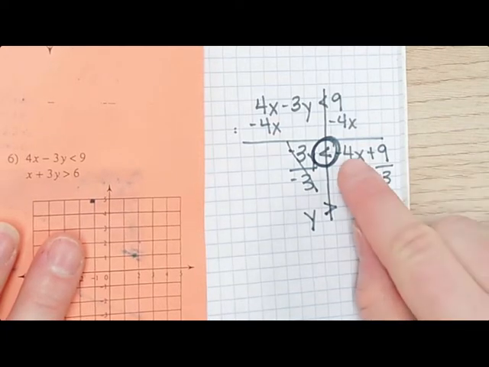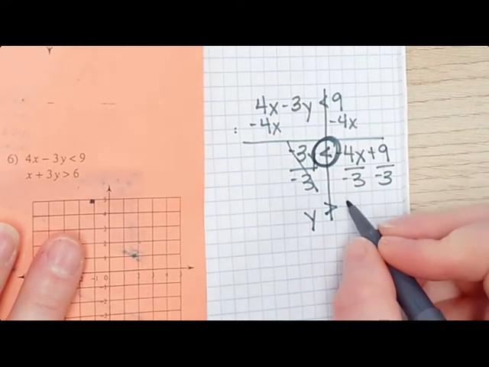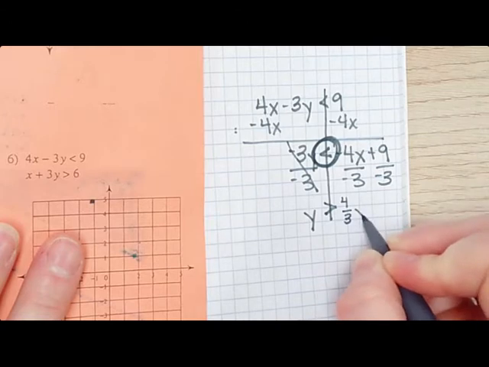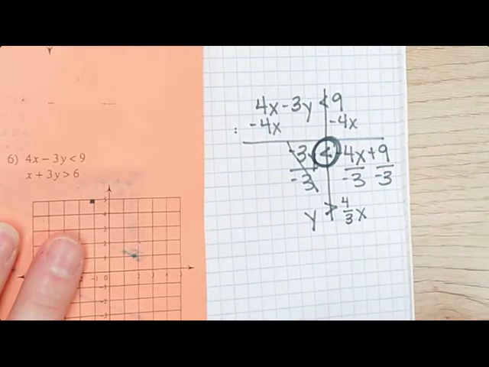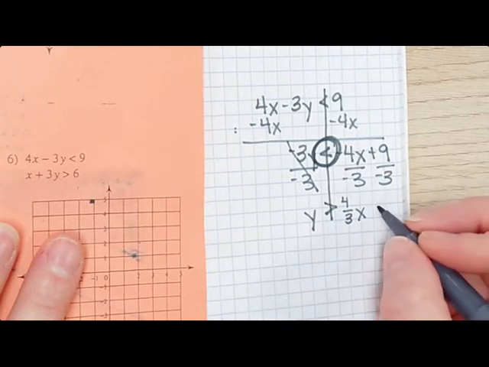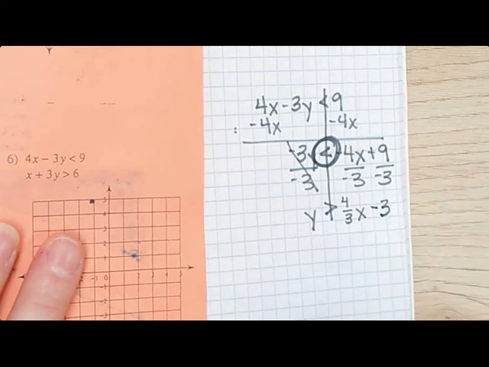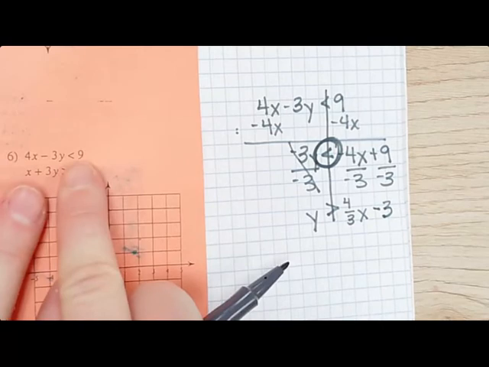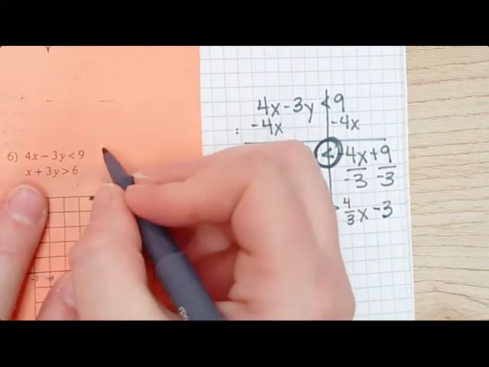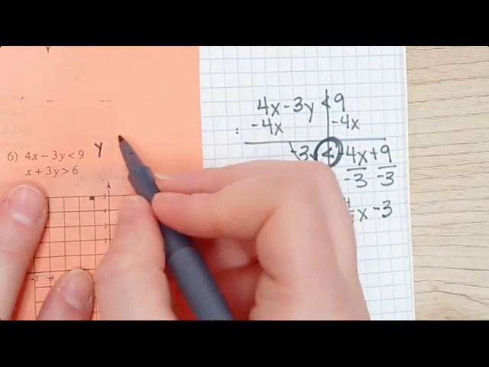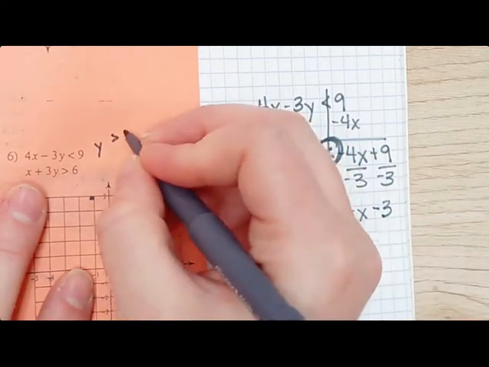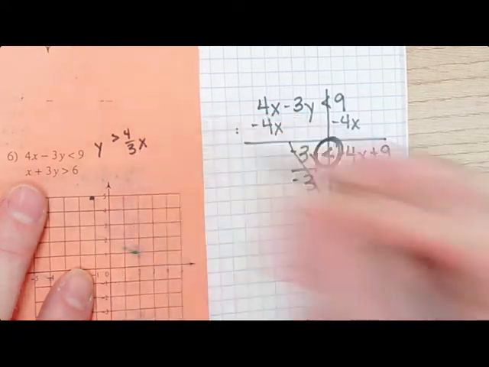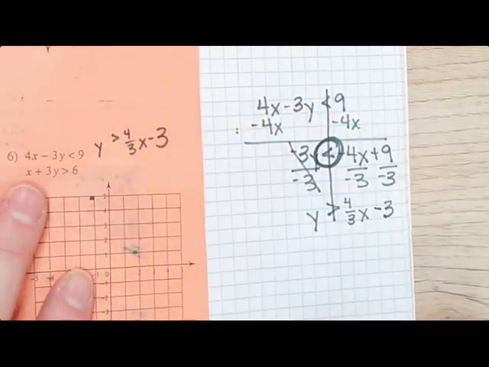And I have a -4 over -3, which becomes positive 4 over 3x, and positive 9 over -3 is -3. So I'm going to write that over here: y greater than 4 over 3x minus 3.